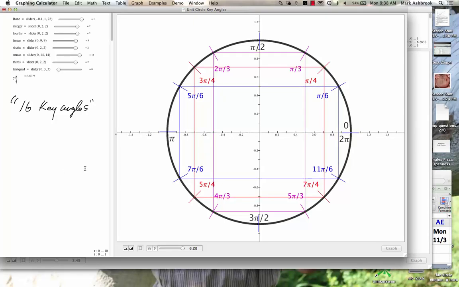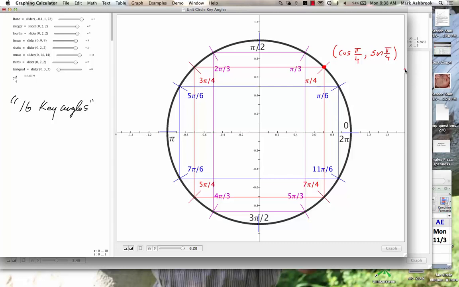So then the question is, let's look at this point right here. Estimate the sine and the cosine of pi over 4. So the coordinates of this point would be cosine pi over 4, sine pi over 4, and those coordinates would be measured in what unit?